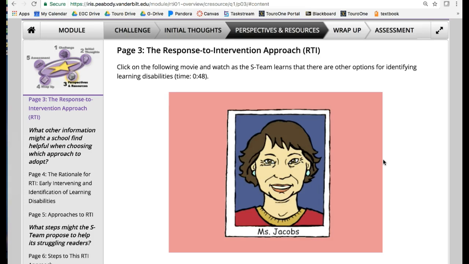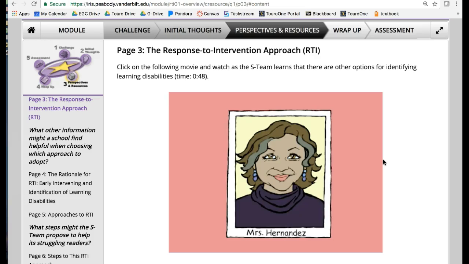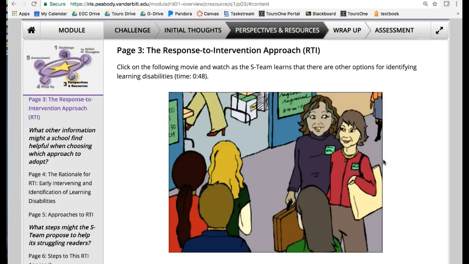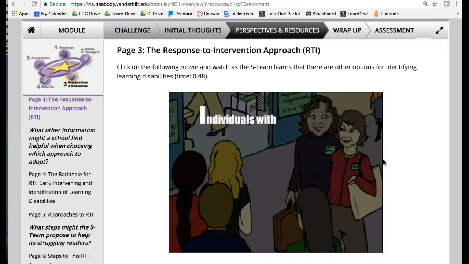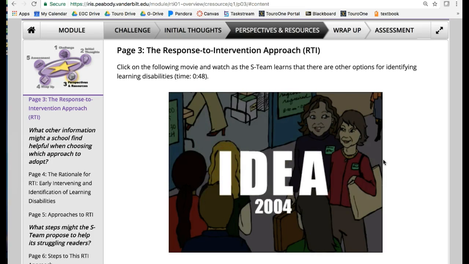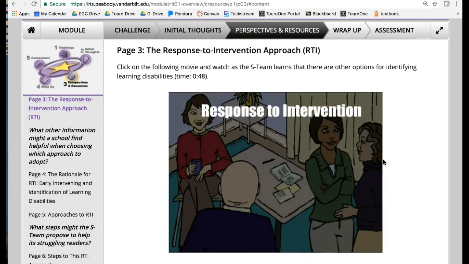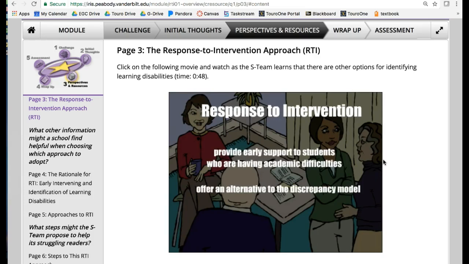Ms. Jacobs, the special ed teacher, and Mrs. Hernandez, the S-Team's lead teacher, attend a professional development meeting conducted by their state's Department of Education, where they learn about a different method that is now allowed by the special education law that was passed in 2004, the Individuals with Disabilities Education Improvement Act, or IDEA. They tell the S-Team about response to intervention, which has two purposes: to provide early support to students who are having academic difficulties, and to offer an alternative to the discrepancy model.